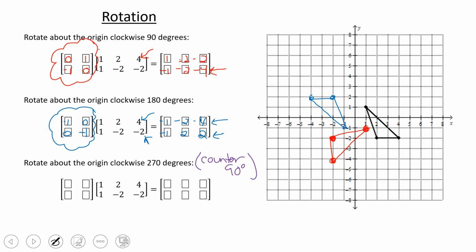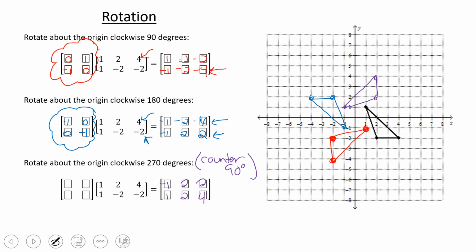But when I do that rotation, I'm going to end up at -1, 1, 2, 2, and 2, 4. That's going to be up there.